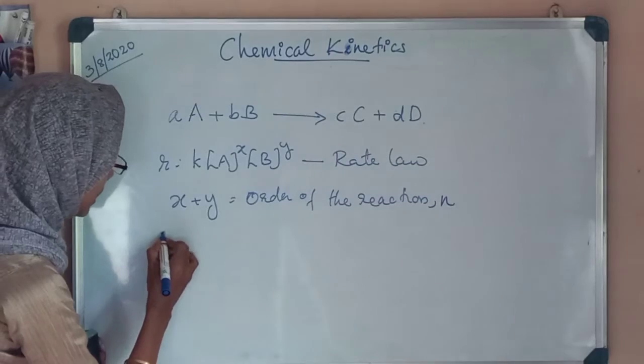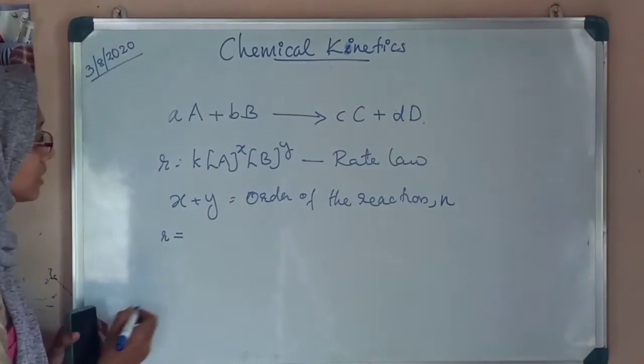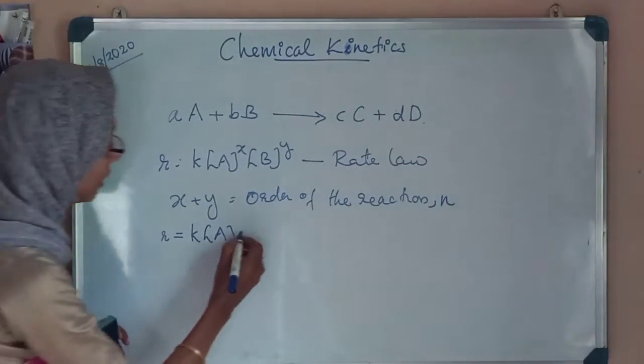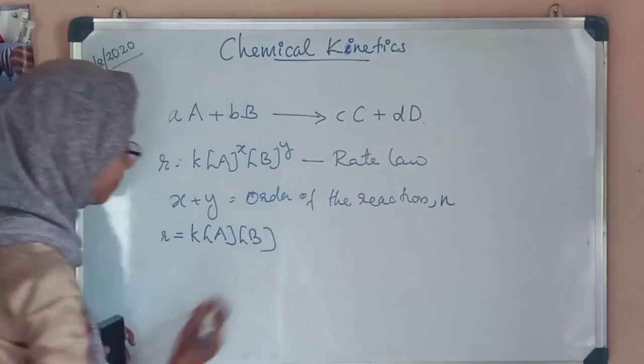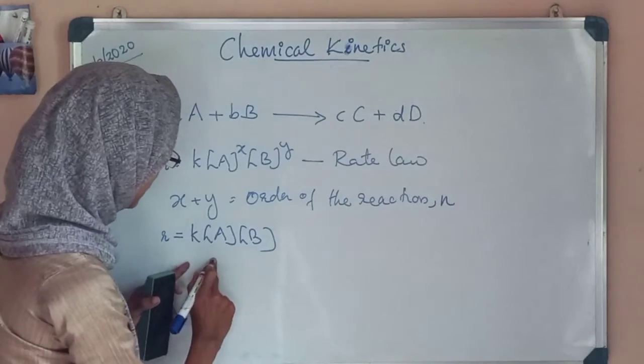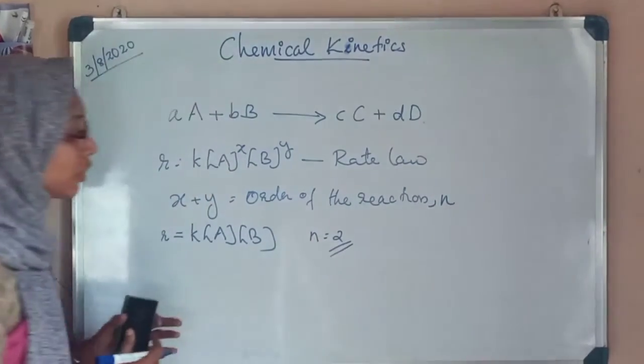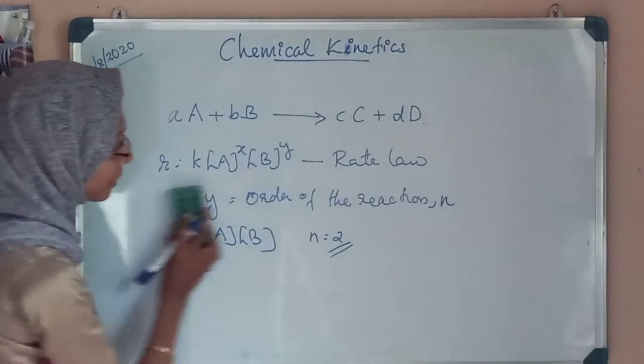Suppose rate is equal to K into concentration of A into concentration of B. Then in such a case the order is equal to 2. So it is known as a second order reaction.